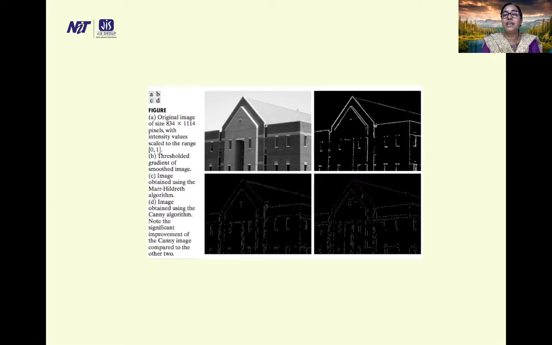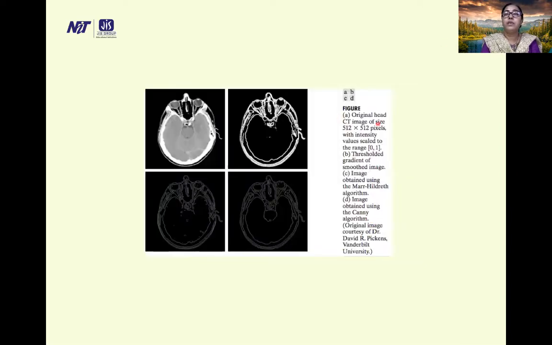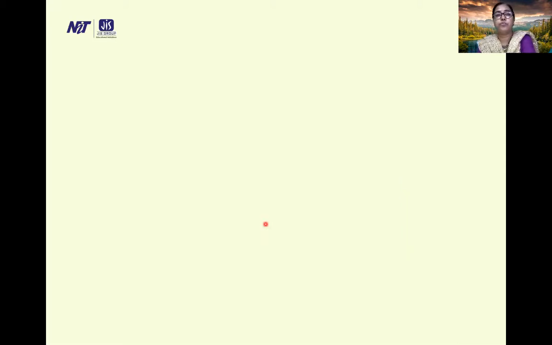Obviously Canny gives more robust edge detection. In the case of the LoG filter or Marr-Hildreth, there is some false triggering. This is another CT scan image. This is the original image, the thresholded gradient smoothed image, the Marr-Hildreth output, and the Canny image output.